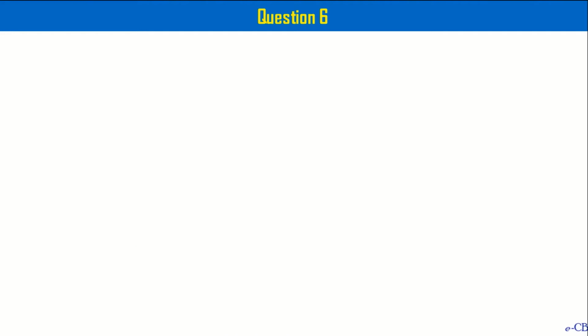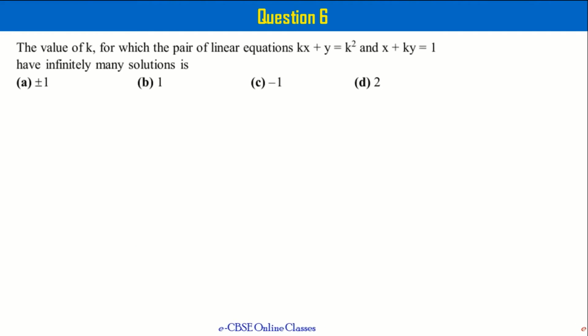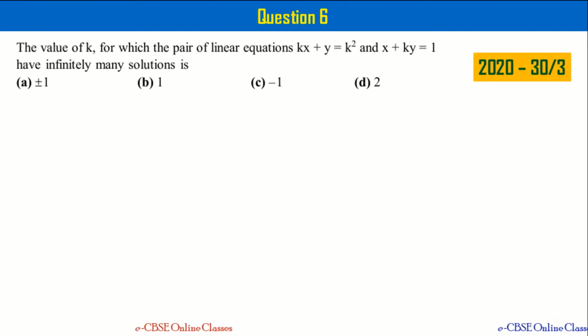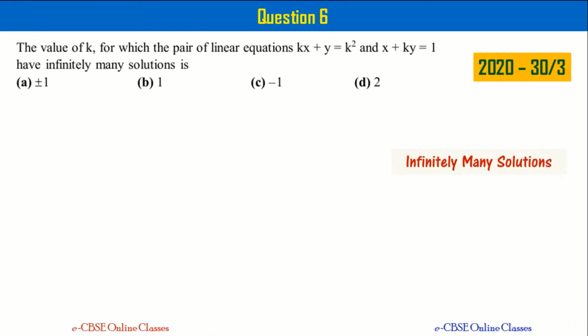Let's go to the next question, that is question number 6. The value of k for which the pair of linear equations kx plus y equal to k square and x plus ky equal to 1 have infinitely many solutions. We have to find the value of k. You want to have infinitely many solutions.